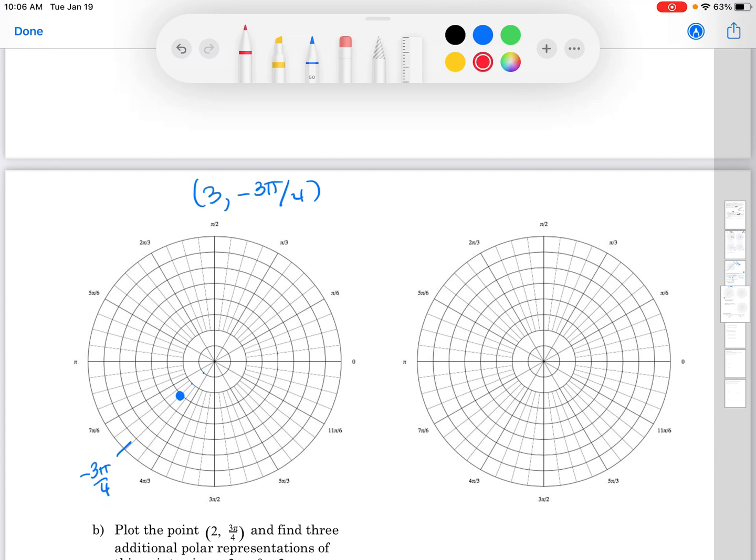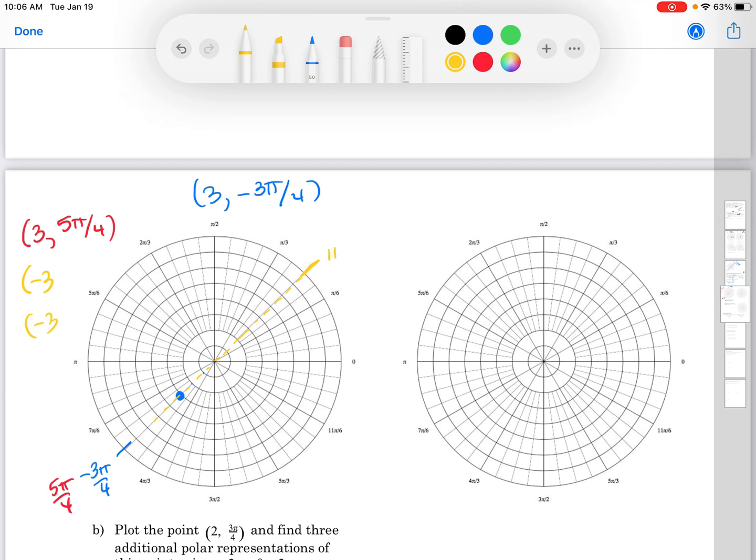I want to write this 3 different ways. So the same point, I'm not plotting any more points on this, but I want to write it 3 different ways. So we could get a coterminal angle, right? We could find what this angle actually is. This angle is also 5 pi over 4. So we could write this as 3 comma 5 pi over 4. We could also write this using 3 being negative. So if 3 is negative, I want to be looking at the angle that is in this direction, so that I head in the opposite direction.